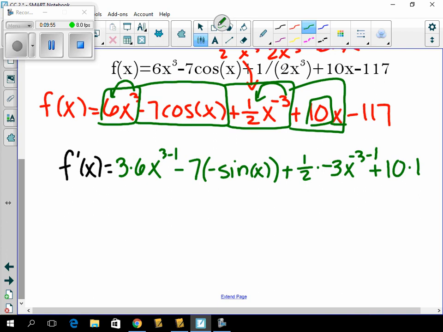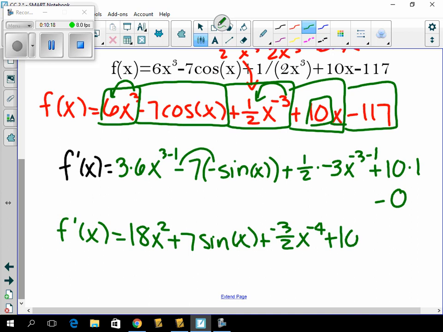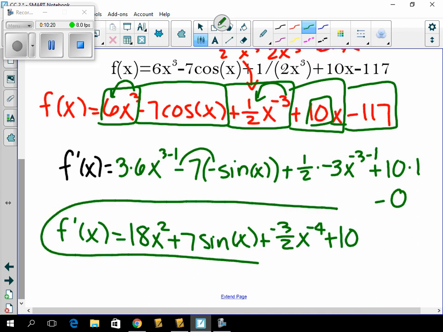And then minus the derivative of 117 is just 0. When I finally simplify this function, it looks like 18x squared, I have this double negative, plus 7 sine x, plus negative 3 over 2 x to the negative 4, plus 10. And that is going to be my final answer.